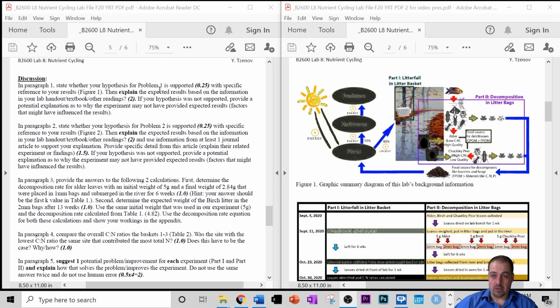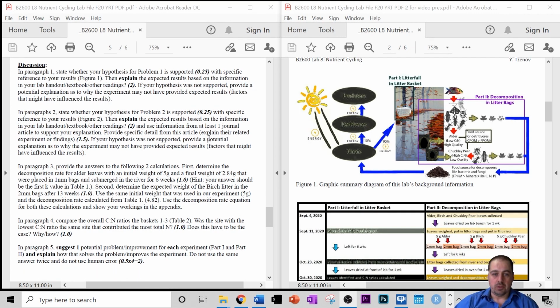Just say hypothesis not supported, say this is what I expected to happen, and just write what I just told you. And then just give a reason. There's any number of reasons why your hypothesis wasn't supported, and you just pick one of those. You're going to do that for both hypotheses if they're not supported.